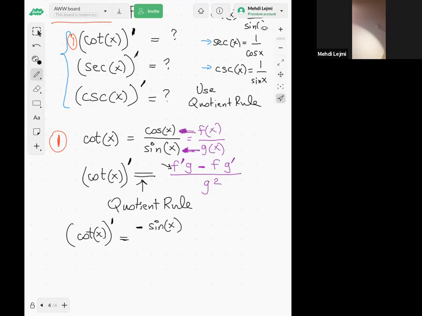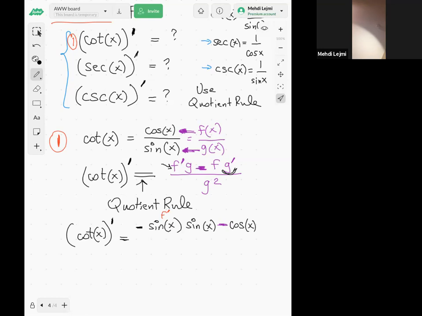This is f prime, right? Times g. G is sine of x. So times sine of x. And then, of course, there's a minus. Here's minus f. F is cosine, so cosine of x times g prime. So what's g prime? G is sine.